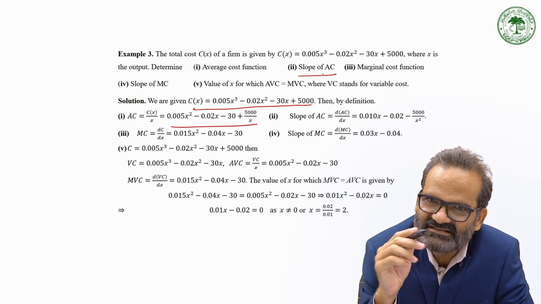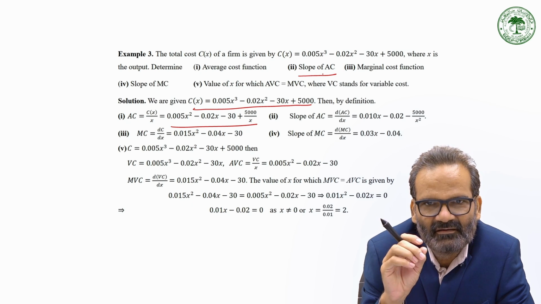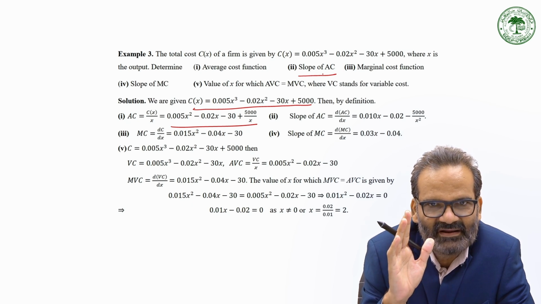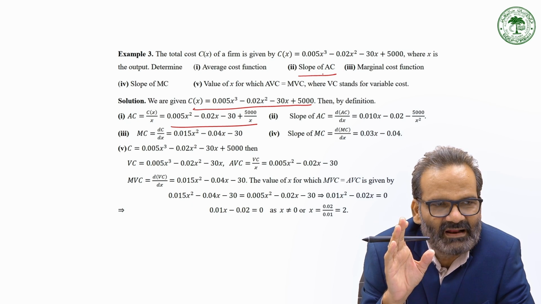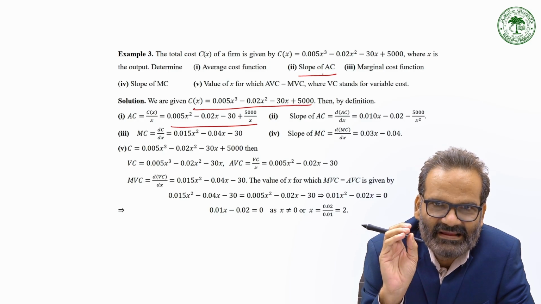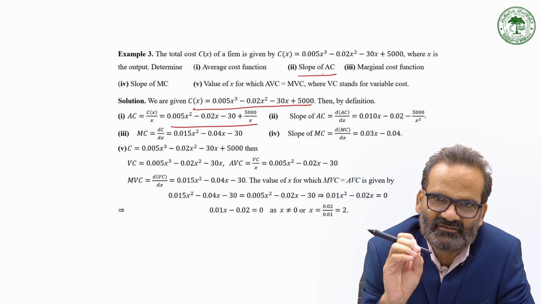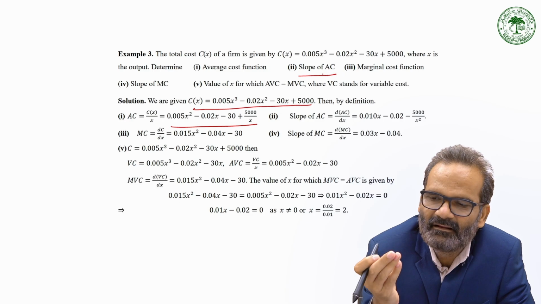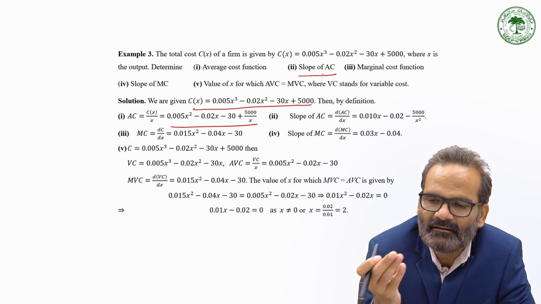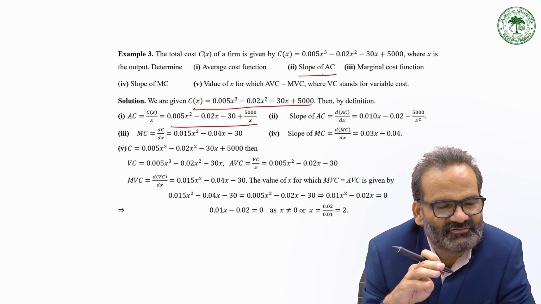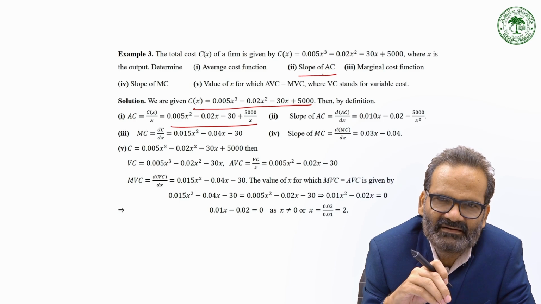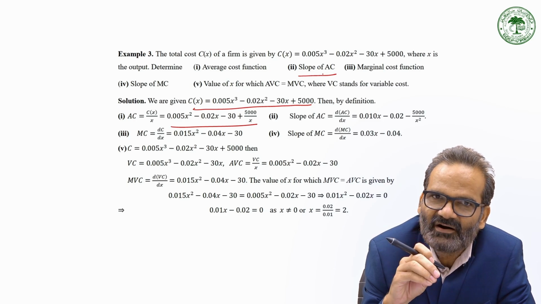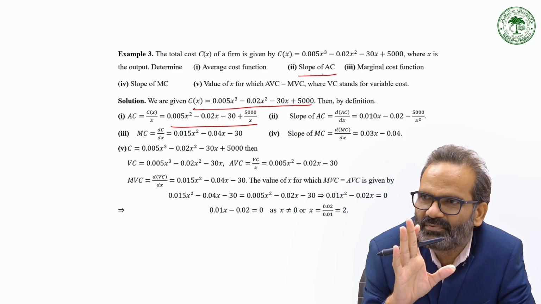So slope means the derivative. Keep in mind, whenever you want to calculate the slope of any cost function, whether the total cost function, average cost function, or marginal cost function, simply find its first derivative. The first derivative of any function will represent its slope.